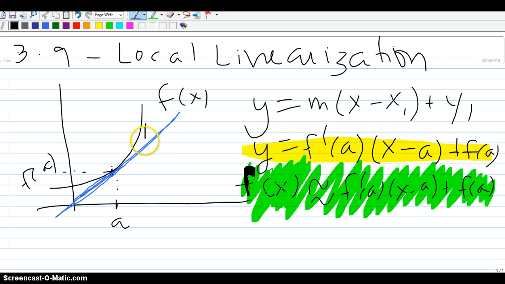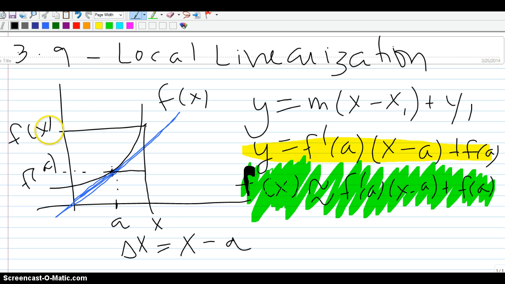All right, welcome back. Hopefully what you guys were realizing is that right here, if I call this distance x, then x minus A, of course, is delta x. That change in x is what x minus A represents. That means that this point right here is going to be f of x.